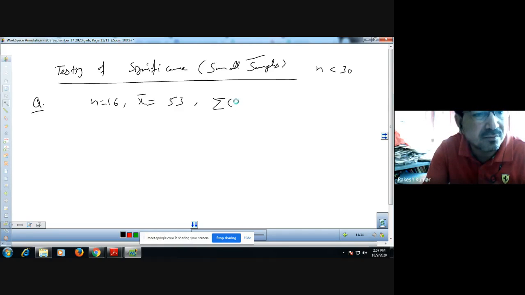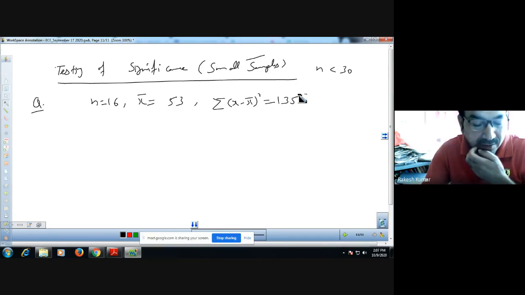The sum of the squares of deviation from the mean. This term is known as the sum of the squares of the deviation from the mean. This value is given to us, and this value is 135.